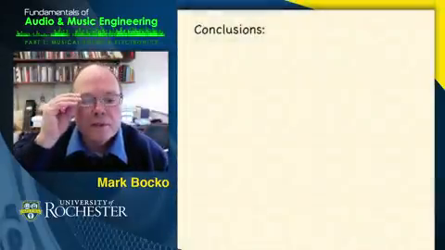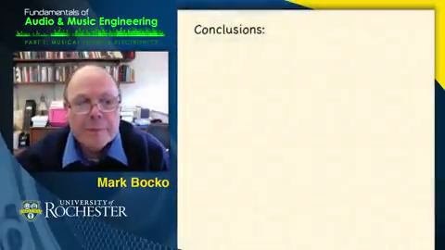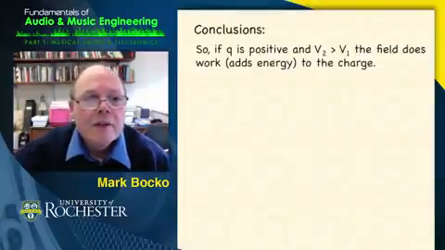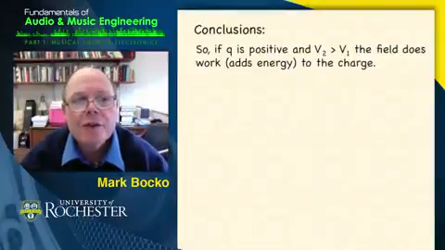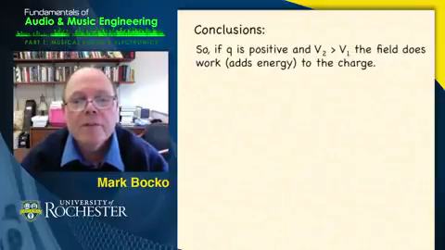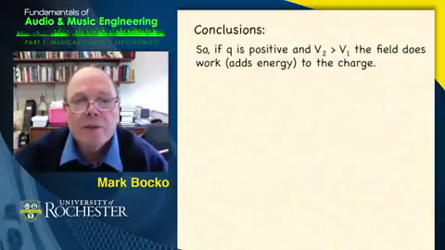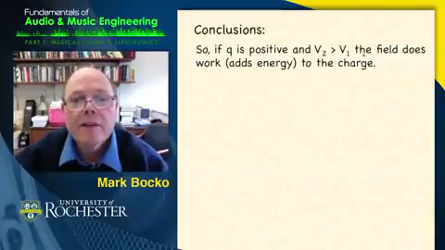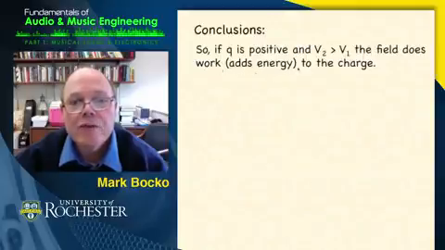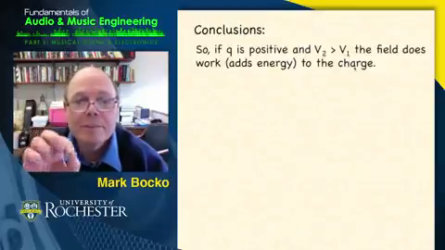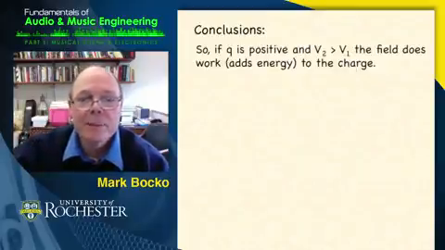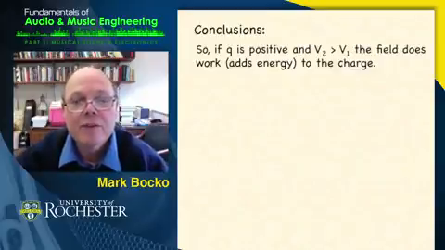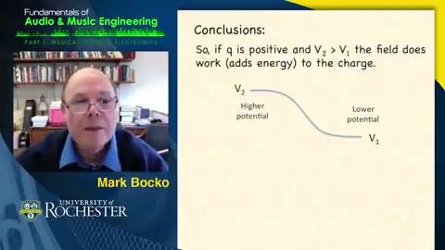Okay, so let's sum this up with some of the conclusions from this. If a positive charge moves through a potential difference from V2 to V1, where V2 is bigger than V1, the electric field does work on the charge. It adds energy to the charge. The charge would like to move that way, and if I put it down, it zips along, picks up some kinetic energy because the electric field pushed the charge in that direction.